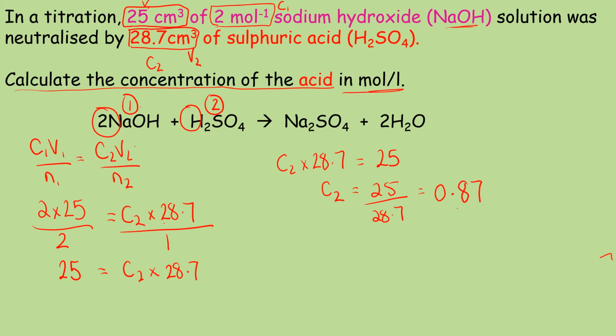Again, you're told the units are moles per litre, so you don't have to write a unit at all. You can just leave it at 0.87, or you can write moles per litre. Note that mol L to the minus 1 is moles per litre, and mol slash L is also moles per litre. Either of those would be accepted as an answer.